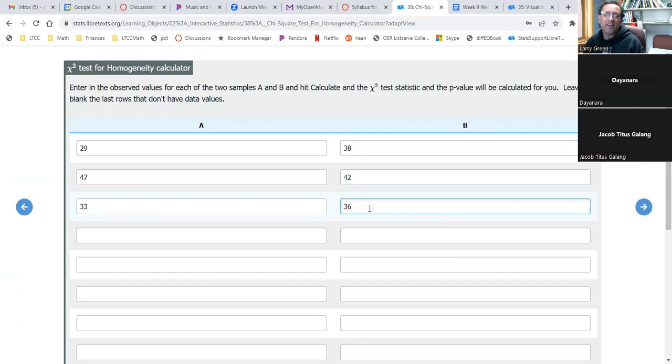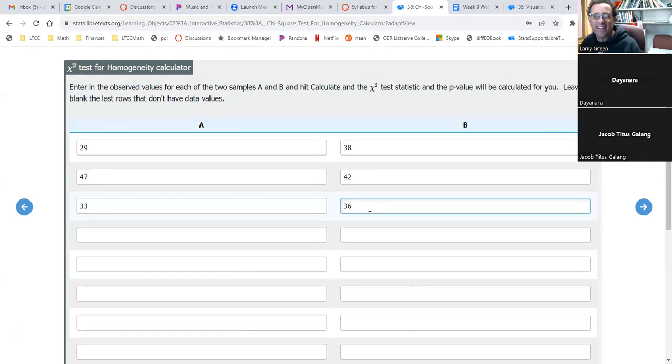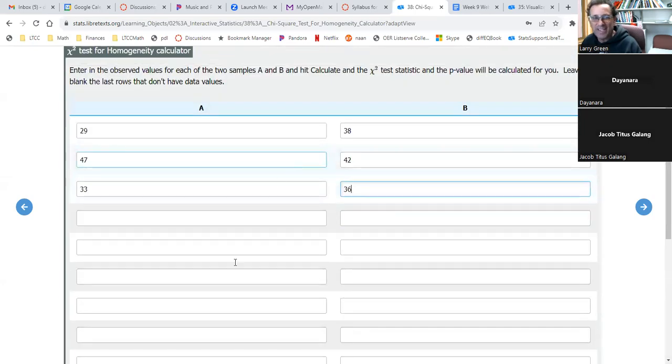So if instead of travel type, what if it is what state you were born in? Why would that be kind of messy? Would that be much harder? Hopefully you all know. Yeah, because there's 50 states in the United States, and you'd have 50 numbers for A and 50 numbers for B. I don't think I even put that many, because I won't test you on it.